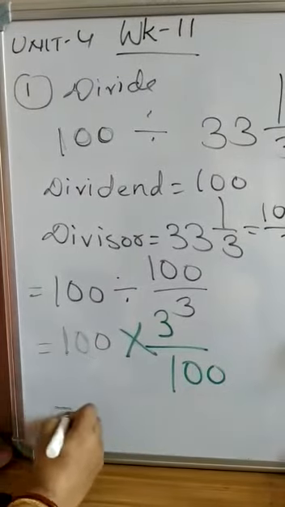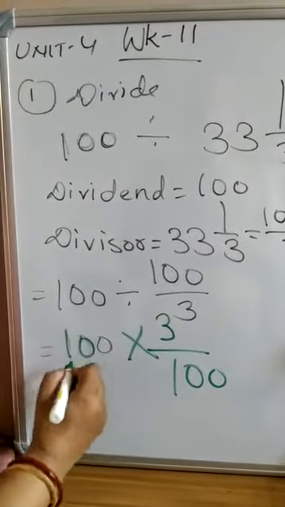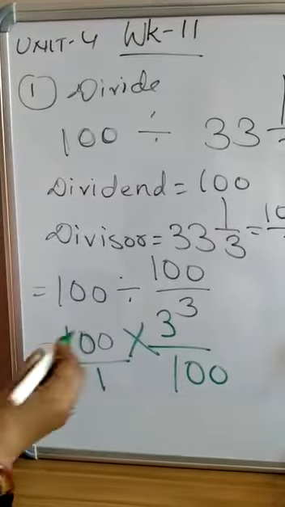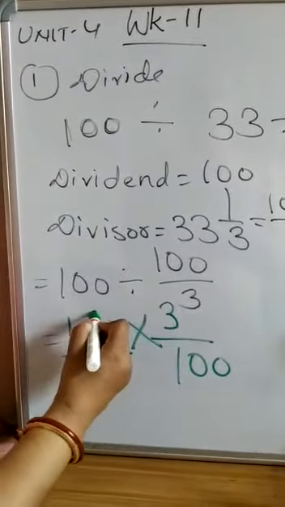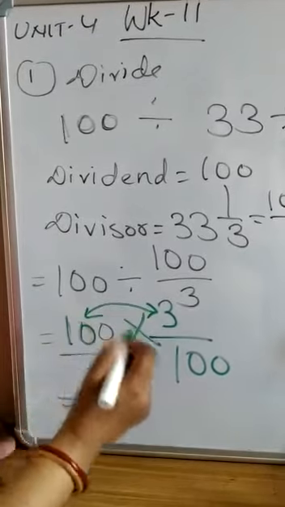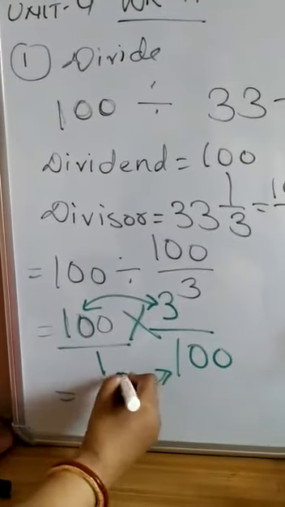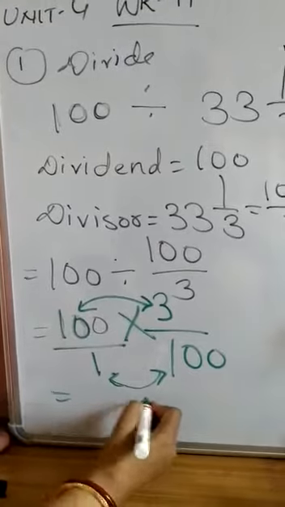Correct? Now here, this 100 can be written as 100 by 1. So 100 by 1 is multiplied by 3 by 100. The numerator will be multiplied with numerator and the denominator with denominator.